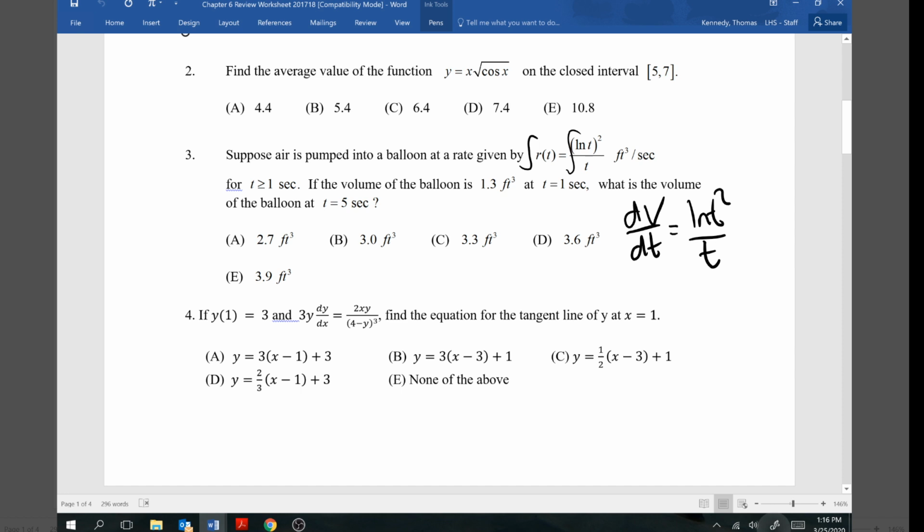I can separate variables. So I get dV equals natural log of t squared over t dt. And then I can integrate both sides. So this is sneaky, like a differential equation question, a separation of variables question. The left side integrates to V, no problema.